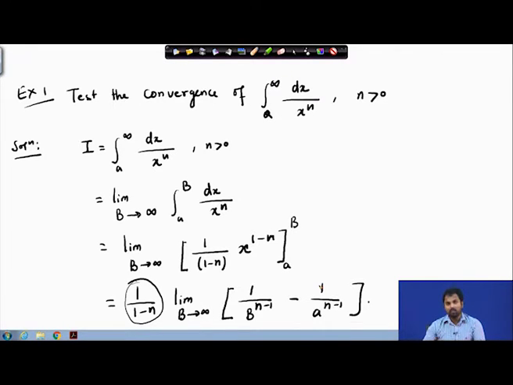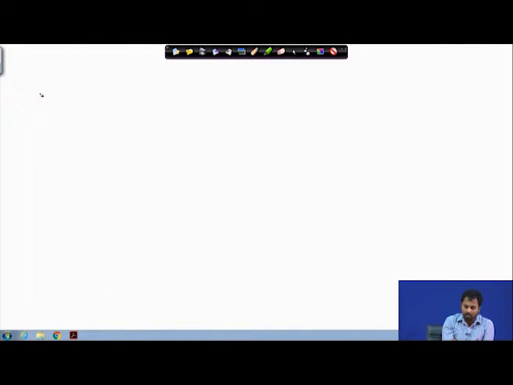So the first observation is that n cannot be 1. So we have got at least one value of n where this integral would not be defined, or that limit would not exist.